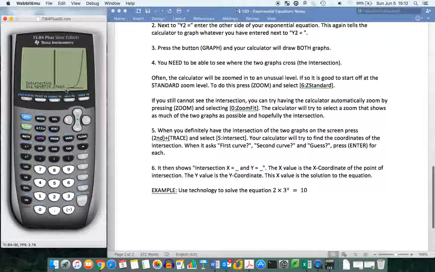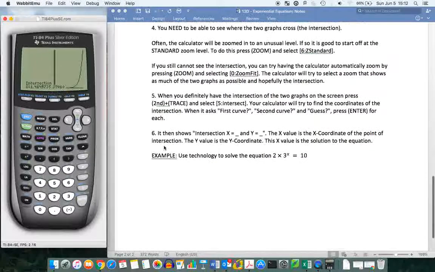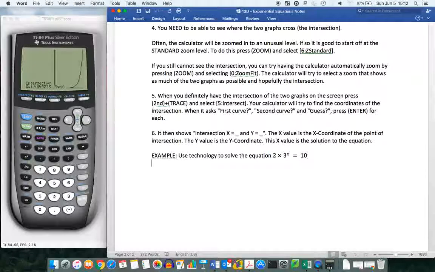to 10. Obviously the y coordinate of the intersection is going to have to be y is equal to 10 because one of those graphs is a straight line across, so y is equal to 10. So that's step 6. It tells you the coordinates. So I've used technology.